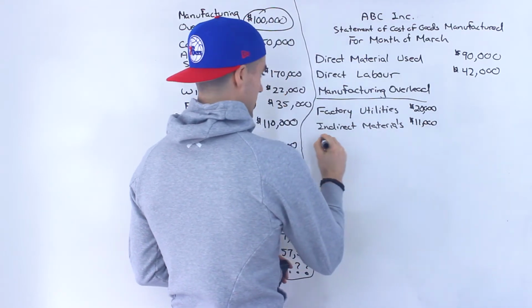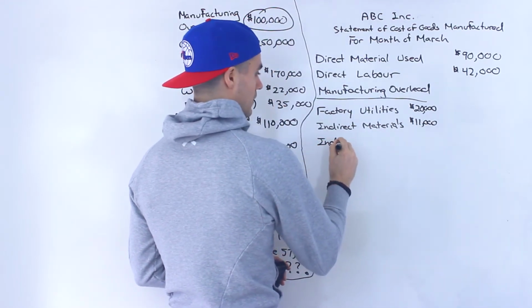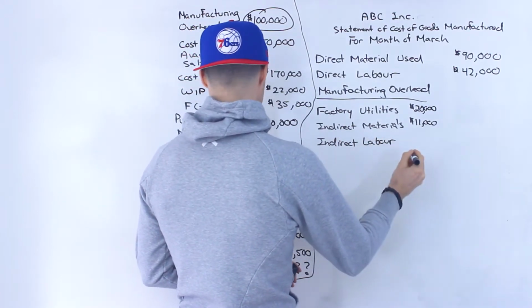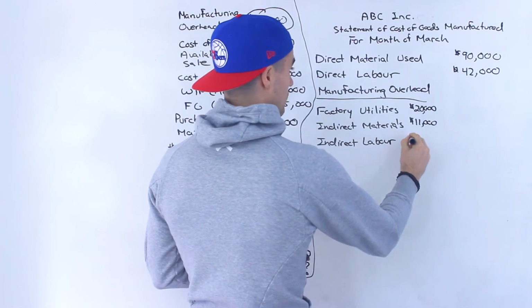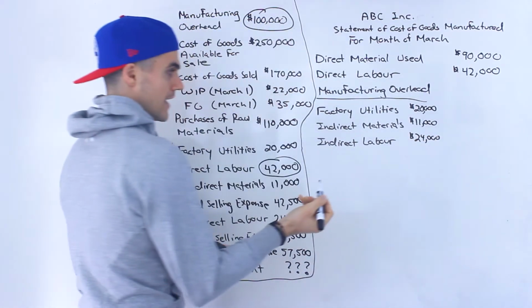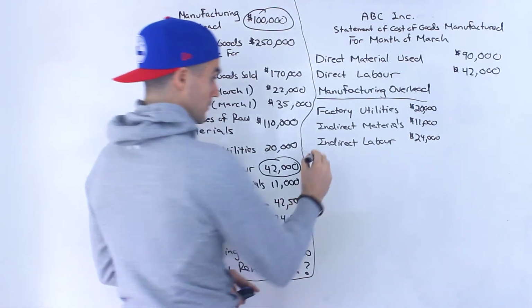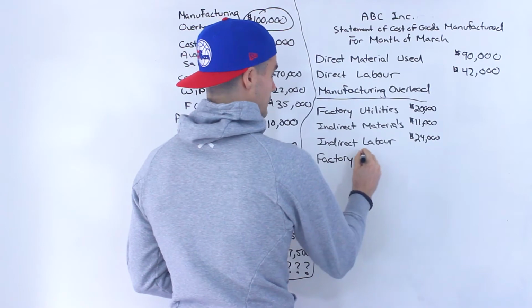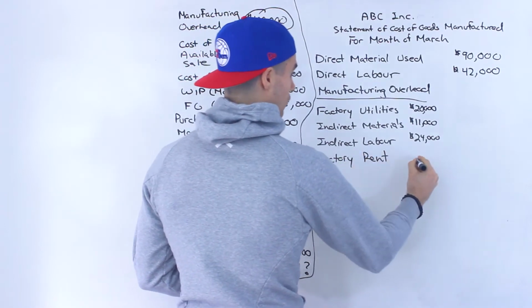And then we have the indirect labor, which in this case is 24,000. And then what's left? The factory rent. And that's something that we're going to have to solve for.